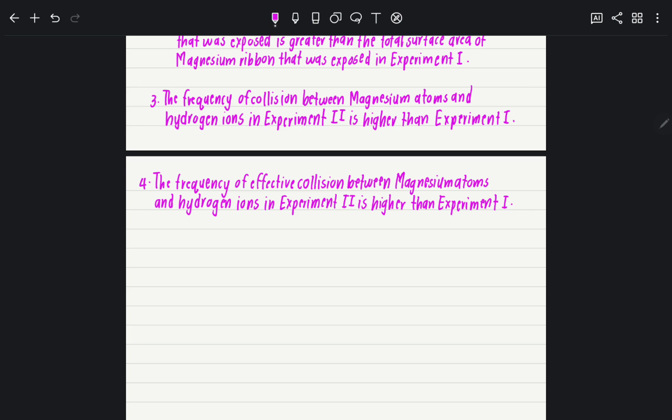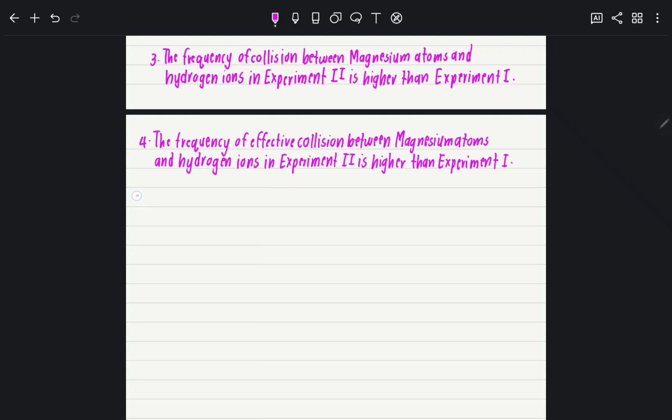Alright, so your fifth sentence is where you tell the rate of reaction. Hence, the rate of reaction for which experiment do you think is higher? You look at the frequency of effective collision and frequency of collision for experiment 2 is higher, right? So the rate of reaction for experiment 2 is also higher.